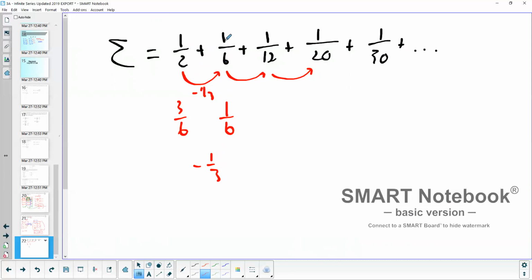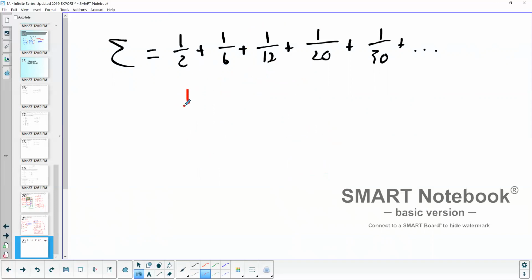So that looks like what we're doing here. But then if I do 1/6 minus 1/3, because if this is arithmetic, you should have the same common difference each time, 1/6 minus 1/3 becomes 1/6 minus 2/6, which is definitely not 1/12. So by that idea, this is not an arithmetic series. Well, then we look at our other possibility, and it's geometric. I say, well, 1/2 times what gives me 1/6?